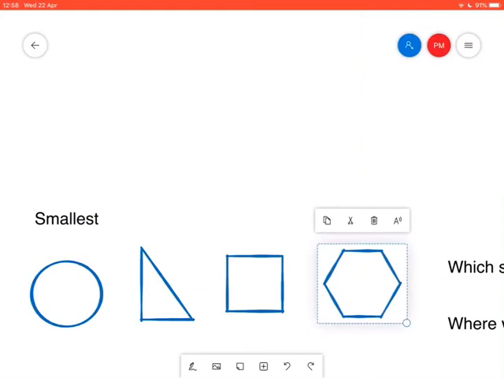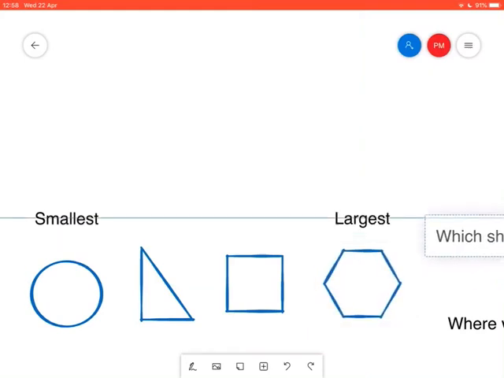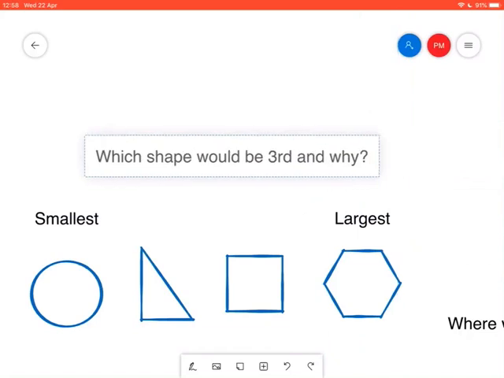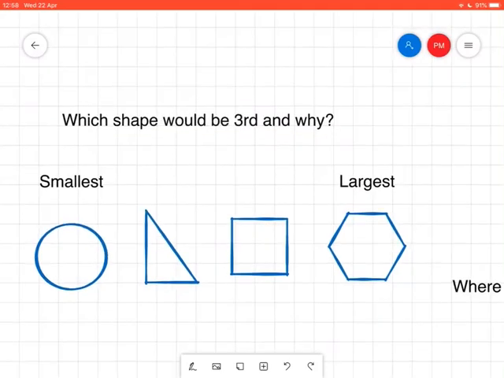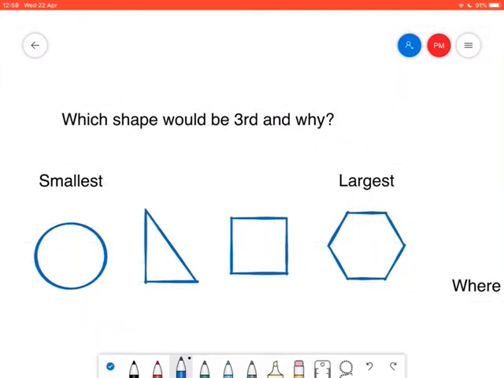Okay, so the question then, which shape is third, and why is that shape third? So why is it in the third position? So we have got 1, 2, 3, and 4. So the square is in the third position.